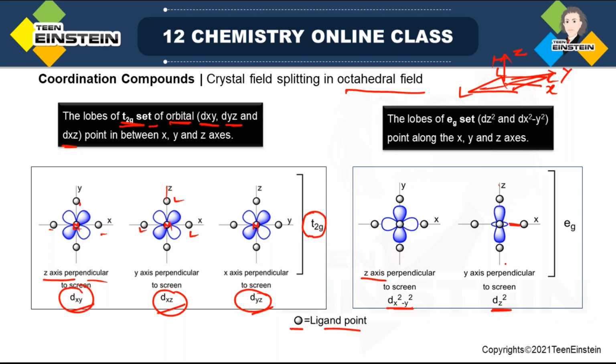X axis you can take on the plane of the screen, you can also take y axis on the plane of screen, that doesn't matter because now it is all about z axis only, xy not important. And as we know, ligands are always approaching through the axis and lobes are also on the axis. So now there will be direct interaction. This type of direct interaction you have not seen in the T2g set, but in case of the Eg set, now there is direct interaction. That is why the energy of these two orbitals will increase.